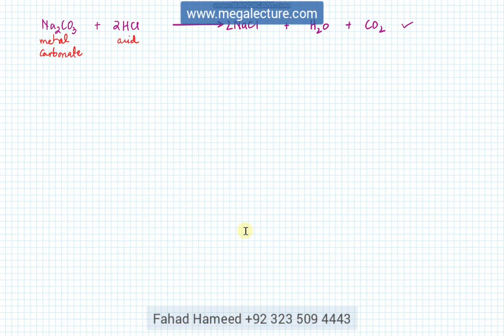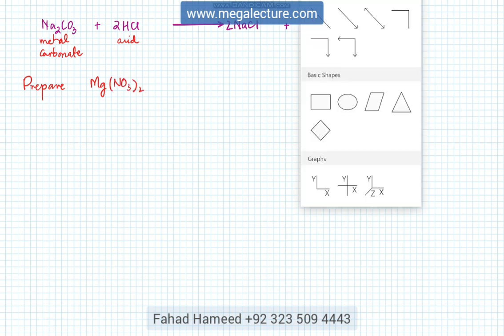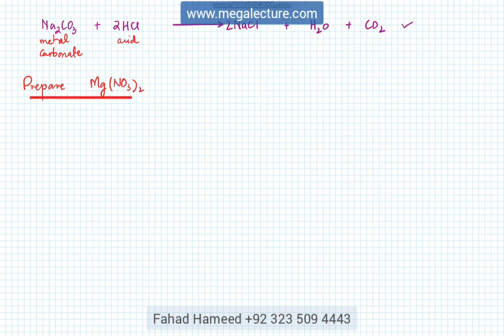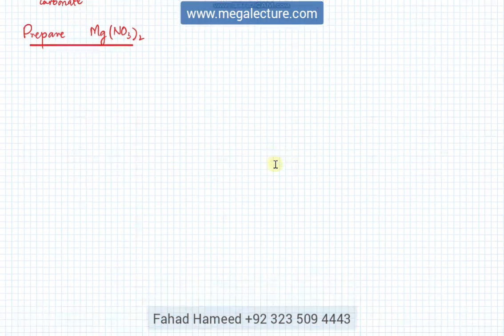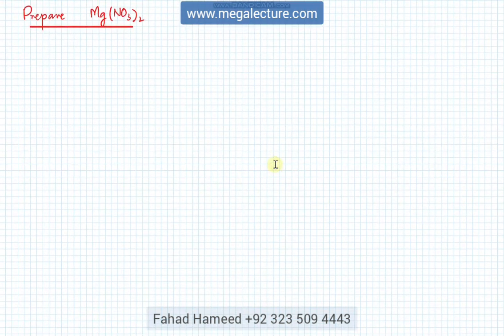Now I'm going to do another example of preparing a salt, and we're just focusing on the reactions at the moment. The salt I'm going to try and prepare is magnesium nitrate.